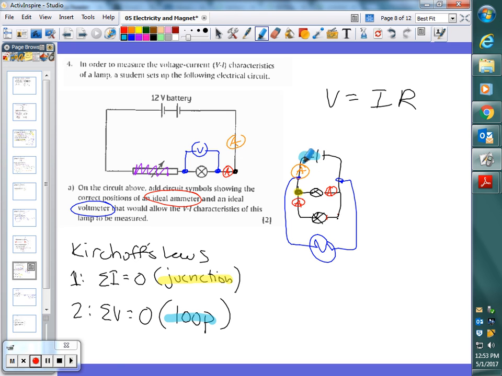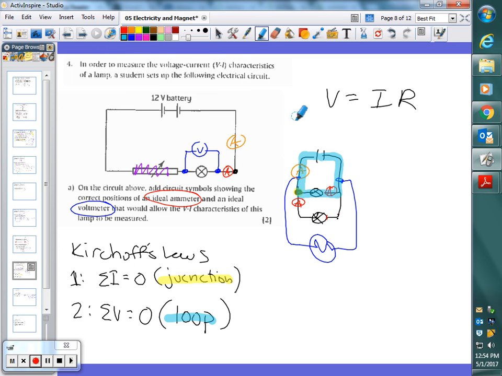Let's just draw on this one, right? Here, charges gain potential energy going through the cell, but then lose potential energy going through the lamp. However much they gain through the cell has to equal however much they lose through the lamp.